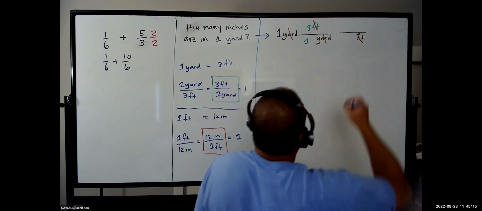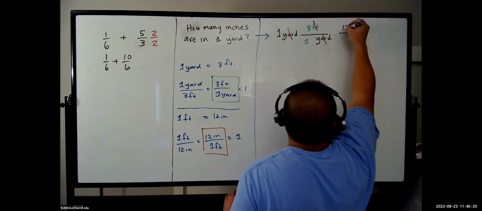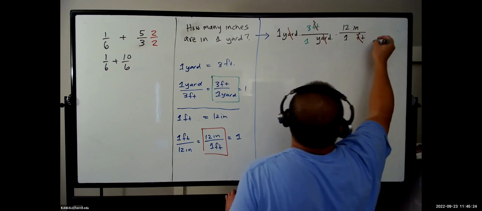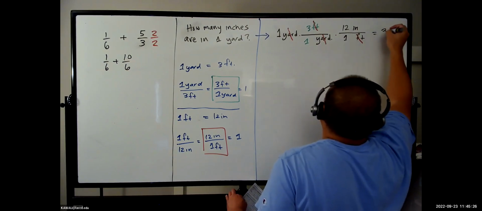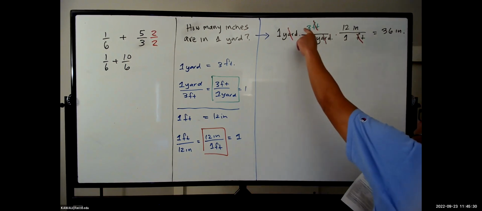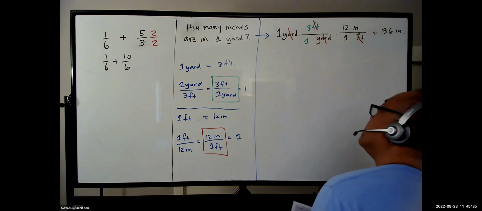So I have 12 inches is in 1 foot. So that's going to be 36 inches. Okay, so your units will cross out just like numbers do.